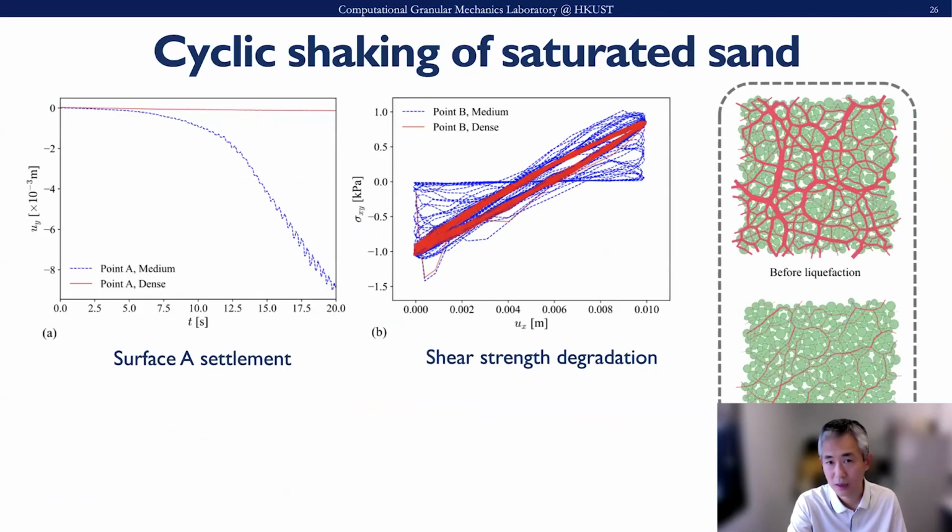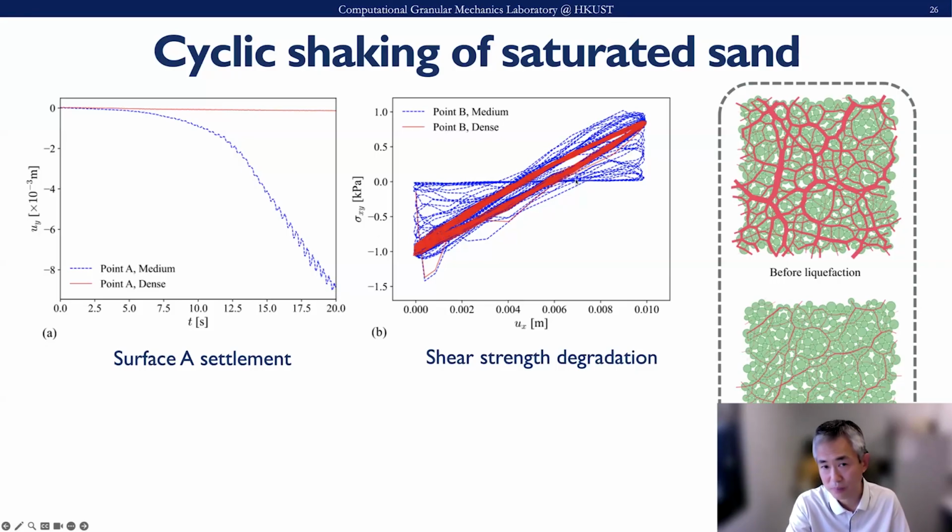This is further analysis. If we look at the medium and dense cases, for the settlement, the dense case is almost vertical, with almost no change. The medium dense case settles down quite significantly because of liquefaction.